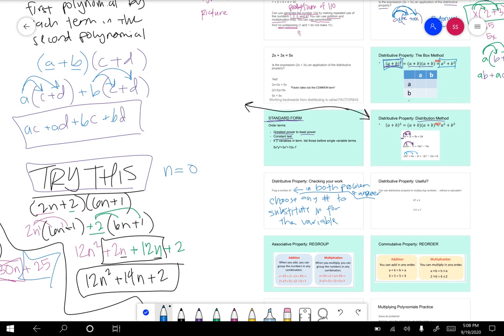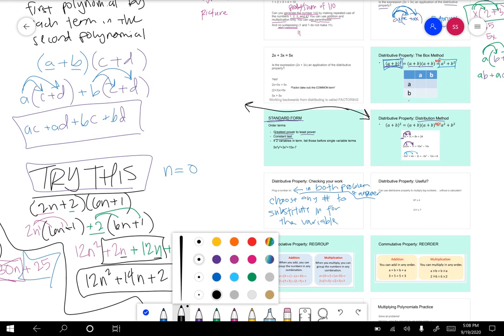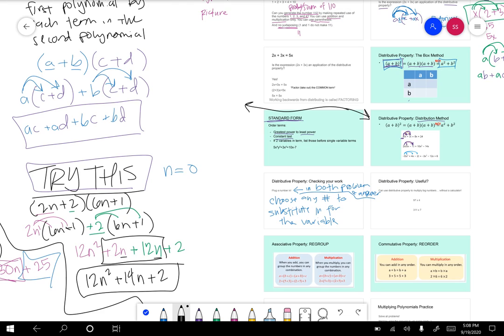So let's do that. We're going to start with the problem. It was 2n plus 2 times 6n plus 1. So I'm going to have 2 times n, which is 0, plus 2. I'm trying to color code it to make it visually easier to see what I'm doing here. 6 times 0, because there's an n there, plus 1.